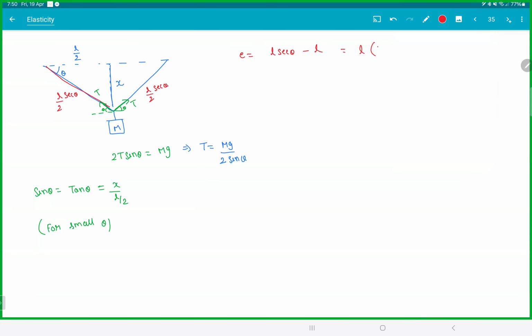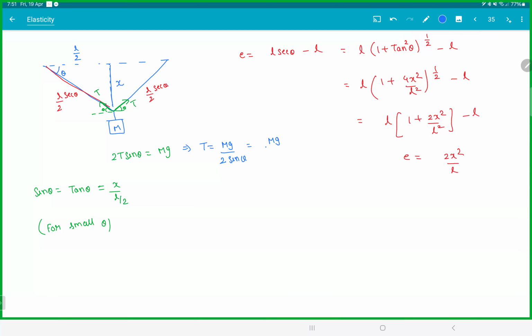L secant theta is L times (1 plus tan square theta) whole power half, minus L. Take out L, so tan square theta would be 4x square by L square, to the power half, minus L. Since x is much smaller, you can use binomial approximation: 1 plus 2x square by L square, minus L. So this is 2x square by L. That's your elongation.